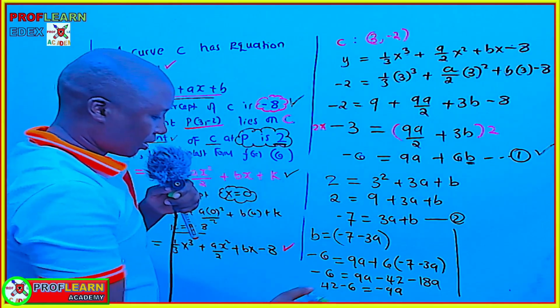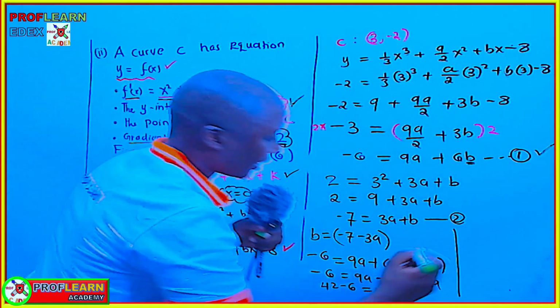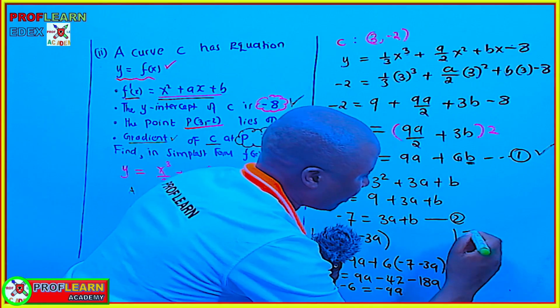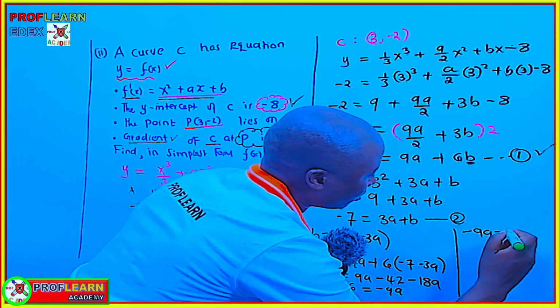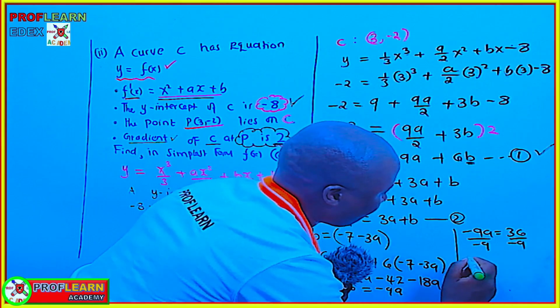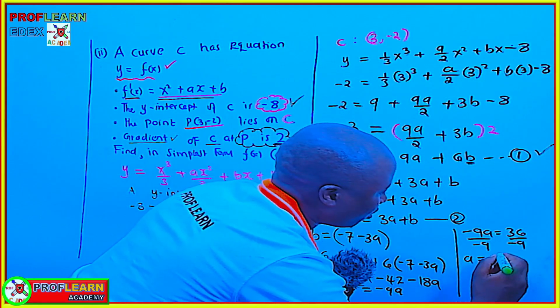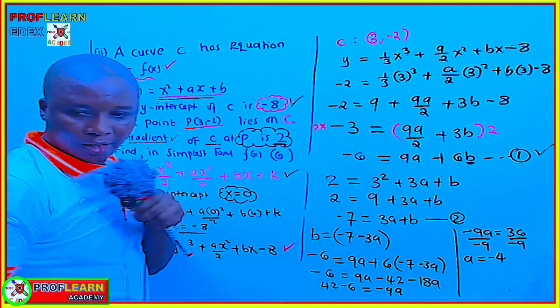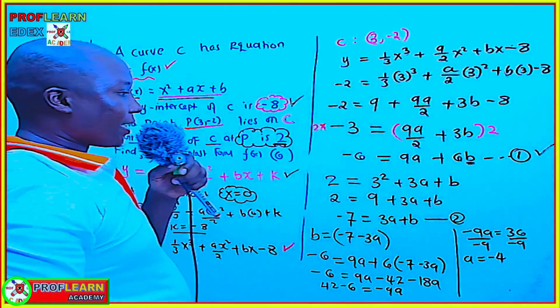This minus this translates to 36. So we can say minus 9a equals 36. Divided by minus 9, divided by minus 9, our a is going to be equivalent to negative 4.